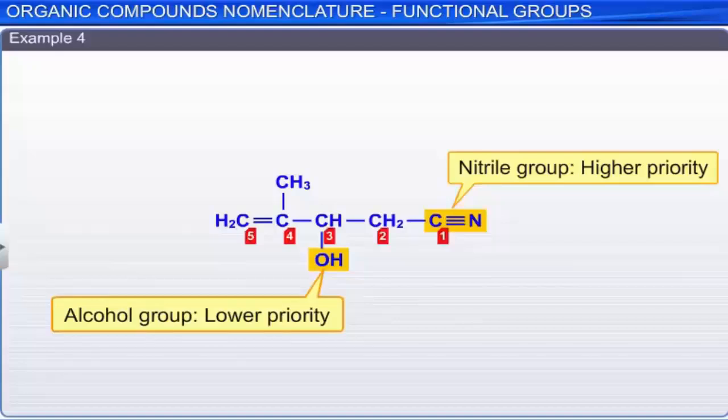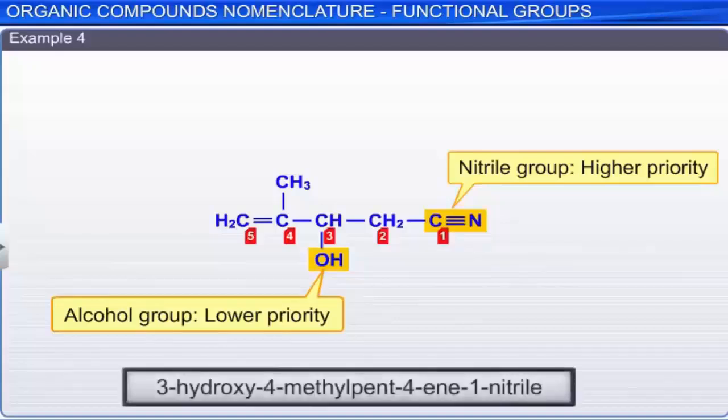Hence, the name of the compound will be 3-hydroxy-4-methylpent-4-ene-1-nitrile. The terminal E of the parent chain is retained as it is followed by a consonant and not by a vowel or Y.